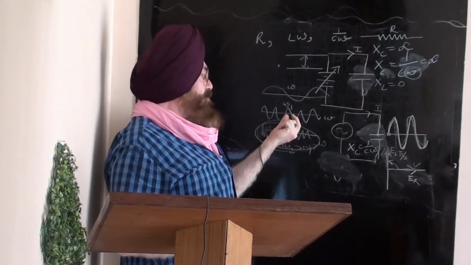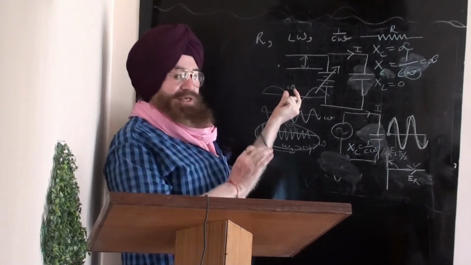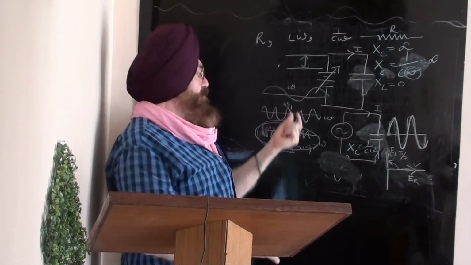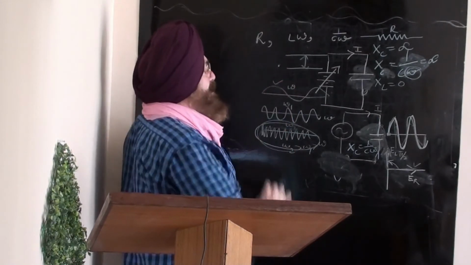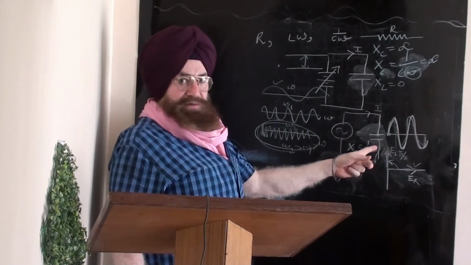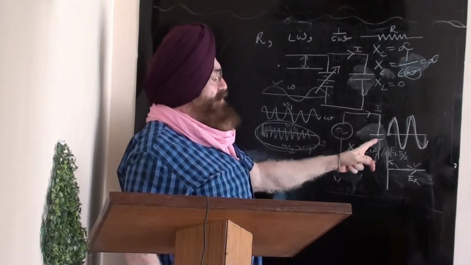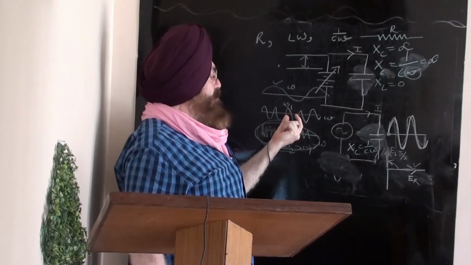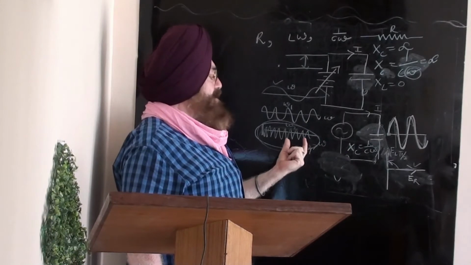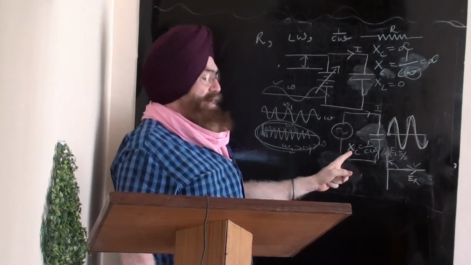But it is difficult for lower frequency, and still more difficult for even lower frequency, to get through the capacitor. This frequency will find difficulty in crossing through the capacitor, so current of this frequency will find more difficulty. Current of this frequency will find somewhat less difficulty, and still less. Higher the frequency, less the reactance.